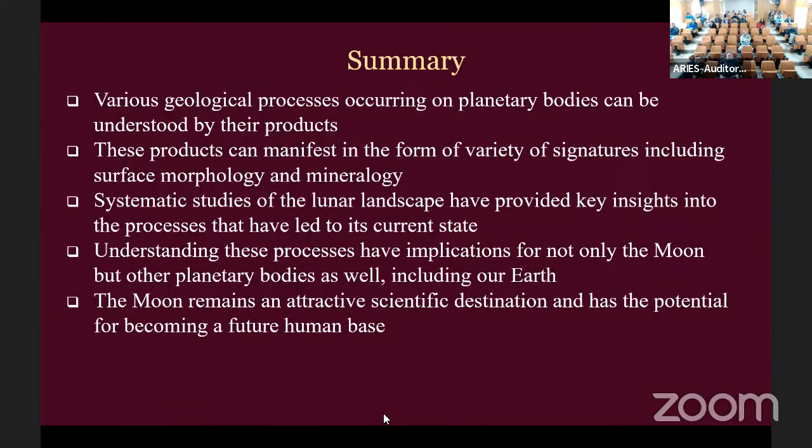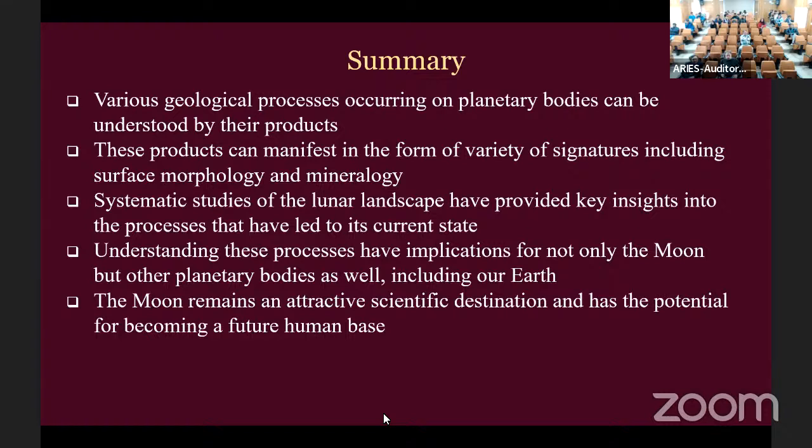So wrapping up, when we are thinking about landscapes, the various geological processes which occur on planetary bodies can be understood by the products, the landscape that you see. These products can manifest in terms of, as I have shown you, morphology and mineralogy. Christian will talk about other aspects. When we carry out these systematic studies, they provide key insight into the processes that have led to those products.